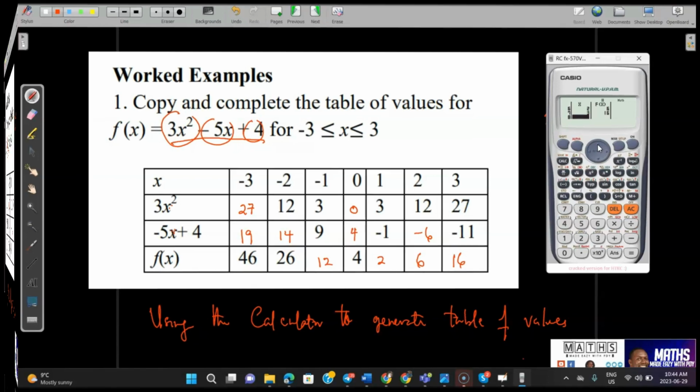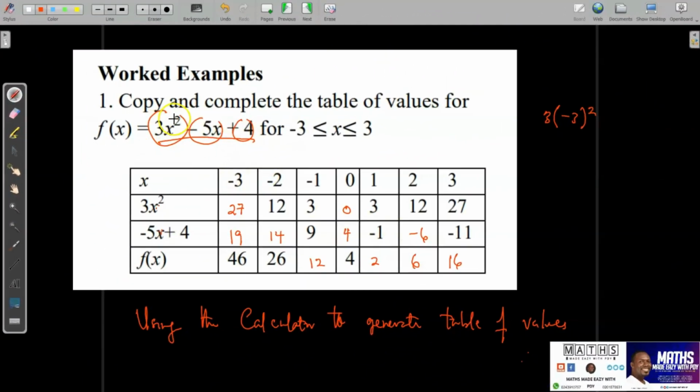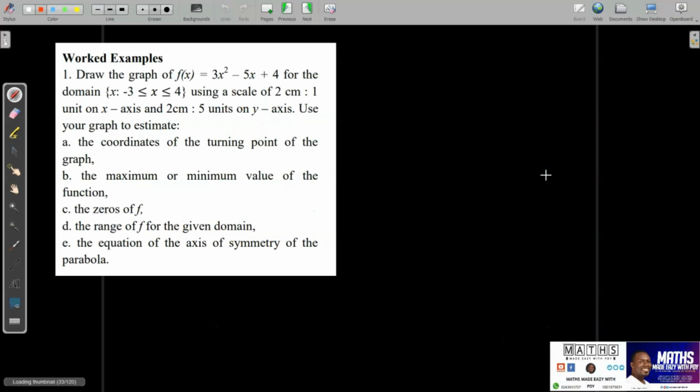All right. So this is how you can copy and complete a table of values for a given function with the given interval. Good. Moving forward, this time around, we are going to draw the graph. When you are done, you are going to use your graph book to get everything done.